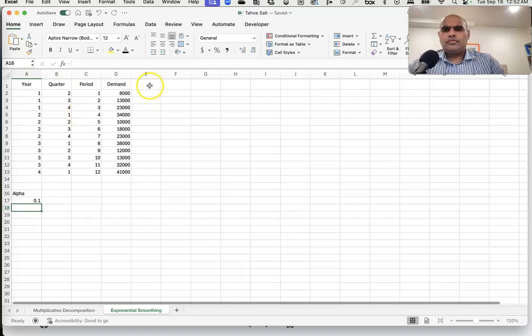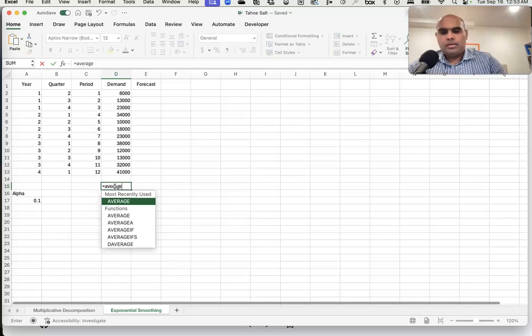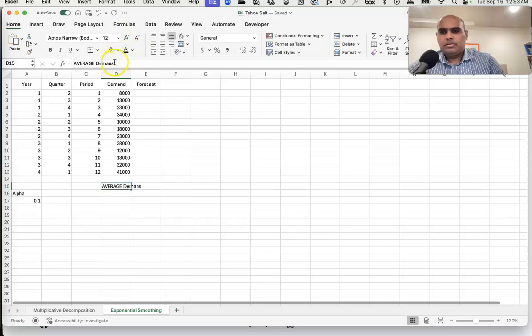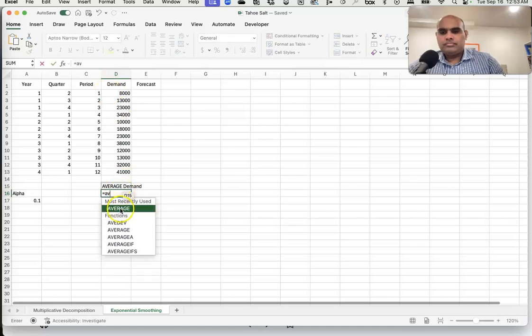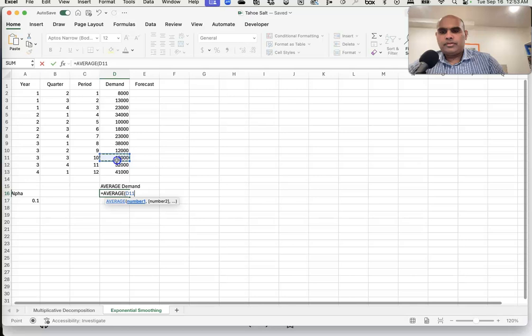So to do any of these exponential smoothing methods, to calculate the forecast, the first thing that we need to do is to calculate the average demand, which will be the average of all the demand values.